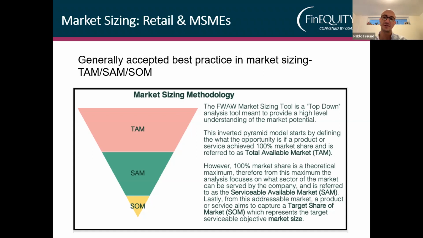So what we're trying to understand is, from the total population, how many women and women-owned businesses can be served, right, in that serviceable available market, which is that green middle layer. And then you have the bottom upside down yellow pyramid, which is the target share of market.